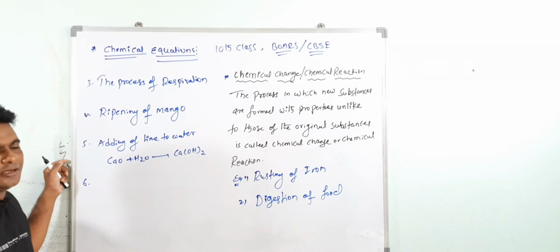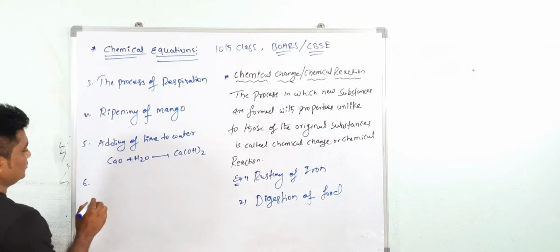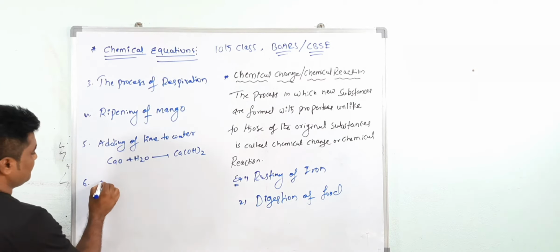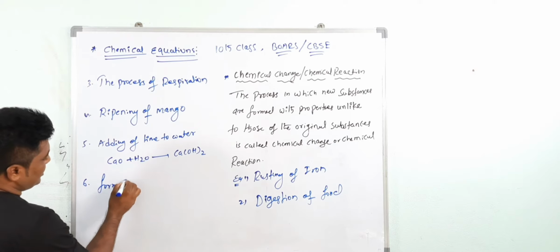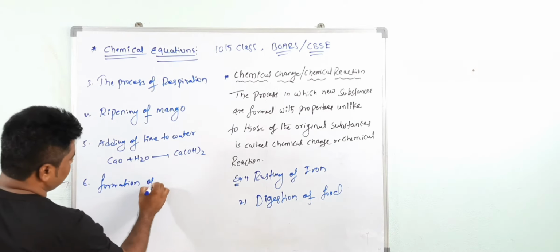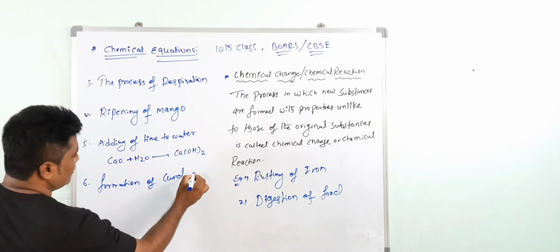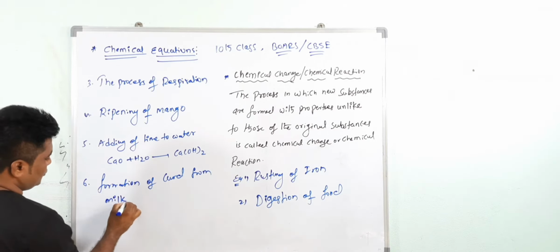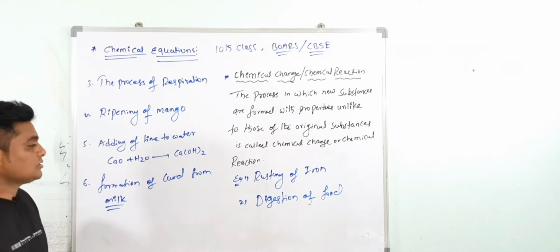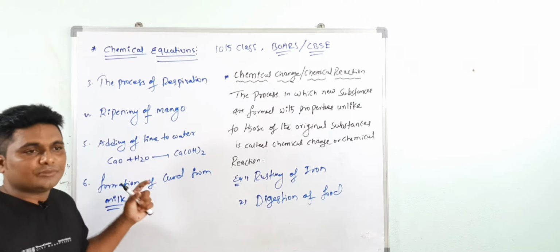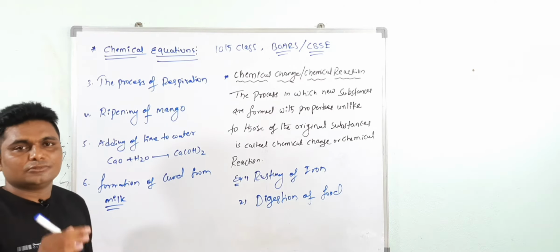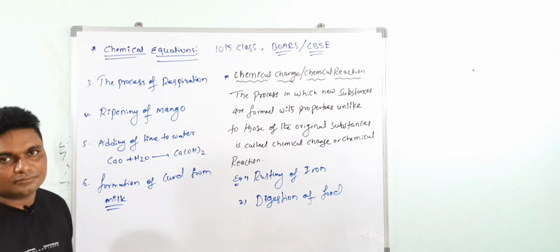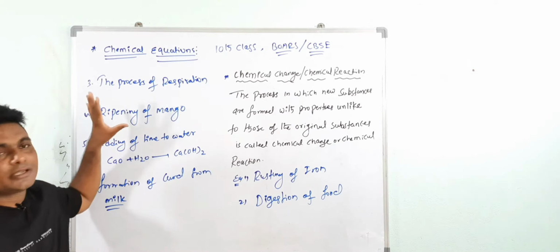Otherwise, you can say formation of curd from milk. It is also a chemical change. Once the curd is formed from the milk, you cannot convert the curd back into milk again. Understood? These are the chemical changes.